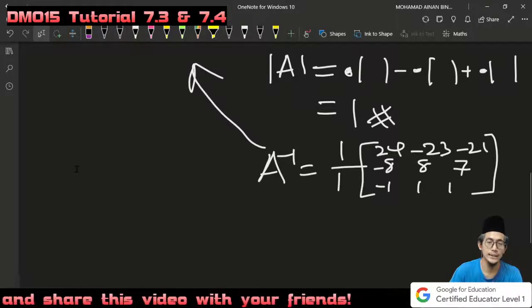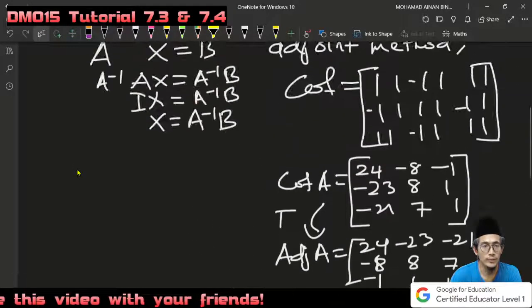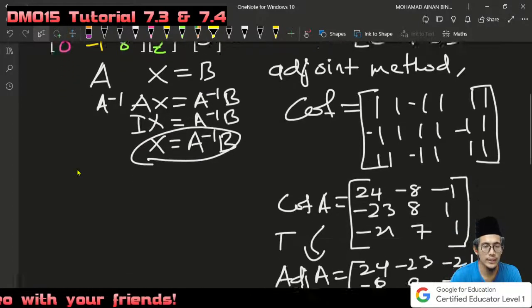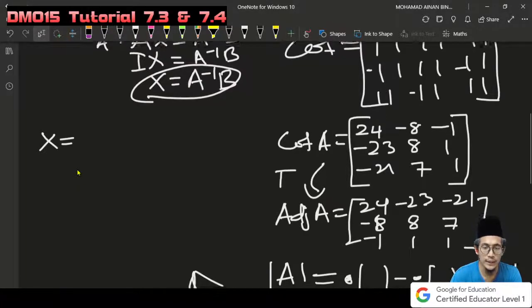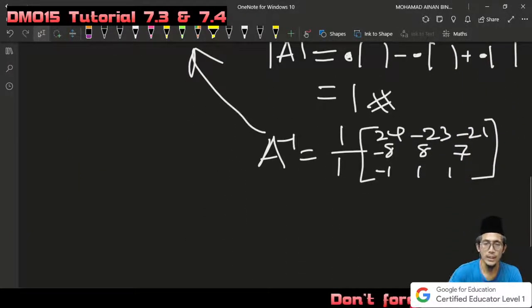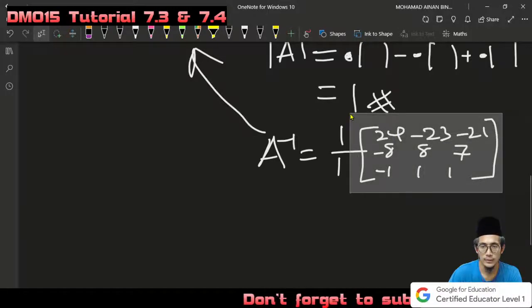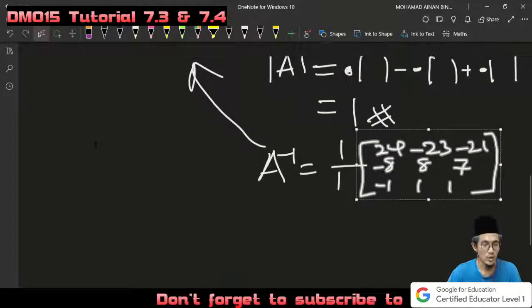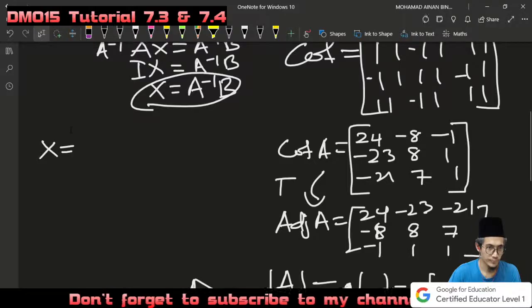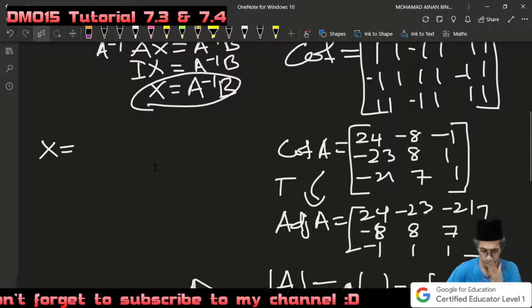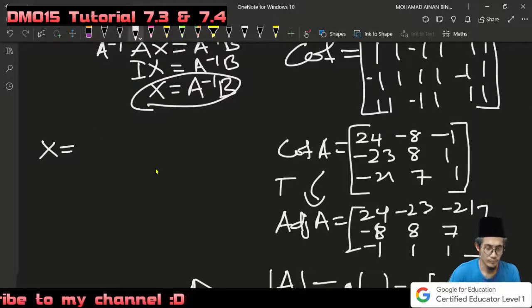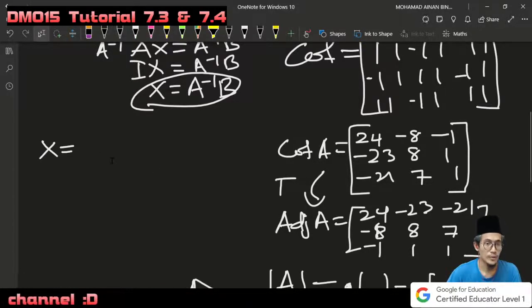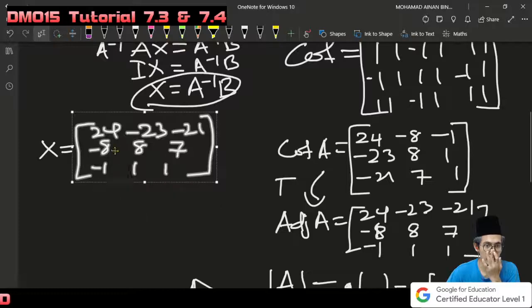Mana tadi ke atas tadi? Kita tengok. Ni tadi. Okay, so, sebab dia besar, saya tulis sebelah sini. So, A inverse tadi apa? A inverse tadi, ambil ni. Just ambil ni. Okay, copy inverse dia dekat sini.